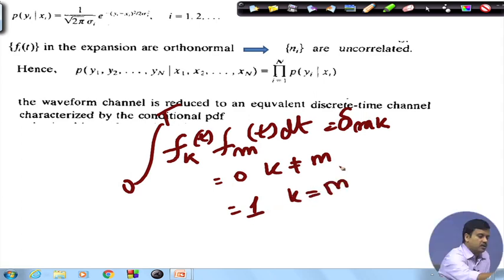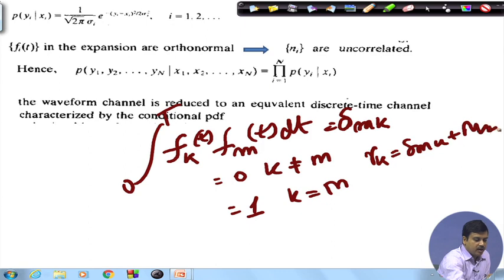So, what we get is that the signals r_k, which is equal to s_mk plus n_k, are independent, because n_k and n_m, as we calculated earlier, are uncorrelated. If they are uncorrelated, we know they are Gaussian and therefore, they are independent.